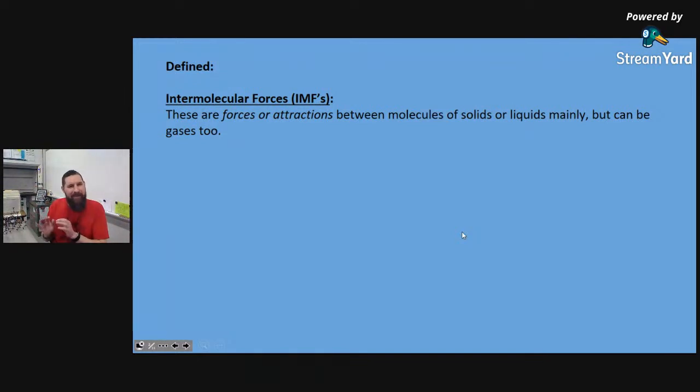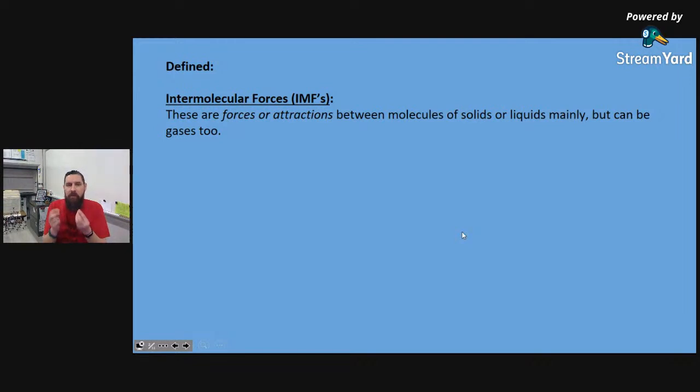We typically don't, because gas particles are so far spread apart that there's really no attractive force between them. So primarily IMFs are the attractive forces between one molecule and a neighboring molecule in solids and liquids.